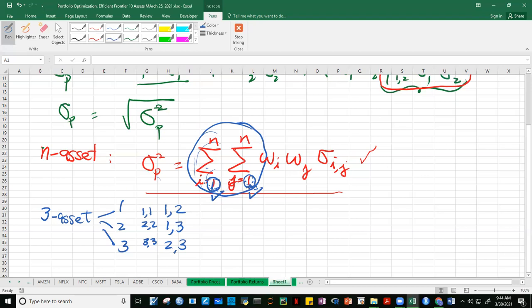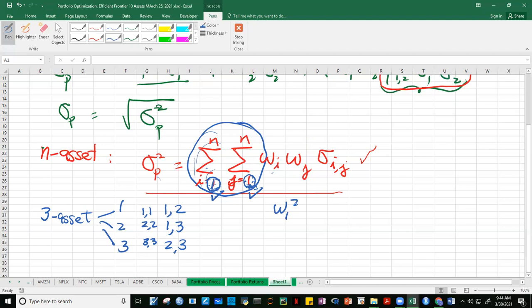With i = 1 and j = 1, just replace them with the corresponding numbers. So this will become what? W1 and W1. What's W1 times W1?